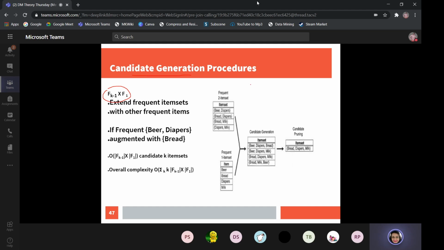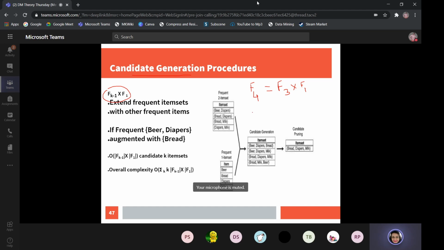That means suppose you have to generate frequent item sets of size 4. That can be generated by combining F3 cross F1. That is, you already have a 3 frequent item set, combine it with a 1 frequent item set.